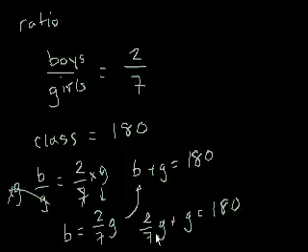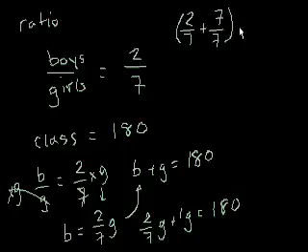So then we have 2 over 7g plus g is equal to 180. And what's 2/7 g plus 1g, or 7 over 7g? Well, you could do the fraction, but it's 2/7 plus 1, which is the same thing as 2/7 plus 7/7, right? Because that's just 1. I'm jumping around on the chalkboard on purpose to intentionally confuse you.